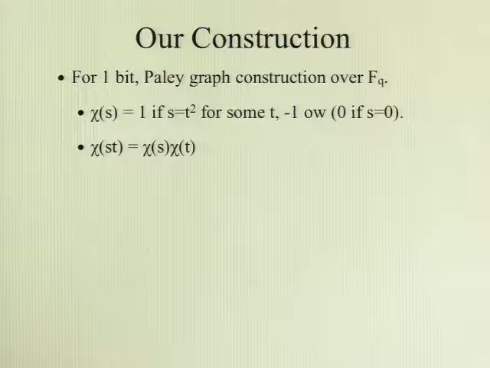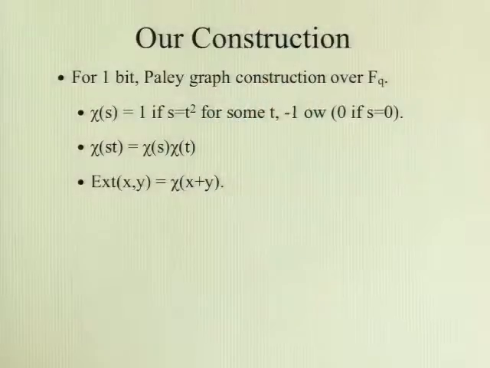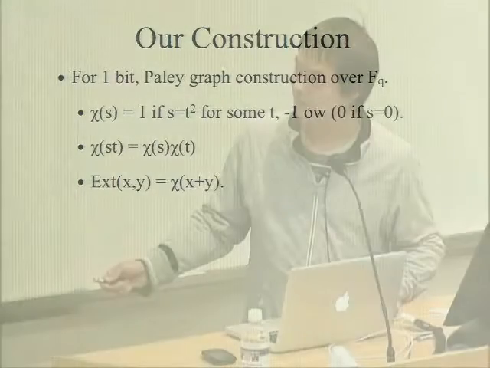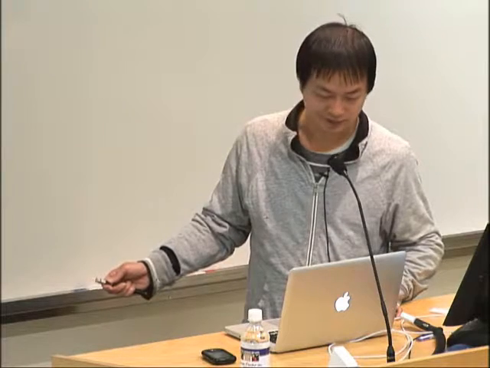And also to note that this quadratic character is a multiplicative character, which means that chi(s times t) is chi(s) times chi(t) here. And now our extractor here is simple. You just take a source x, you take an independent seed y, and you compute the quadratic character of x plus y over some field F_q here.